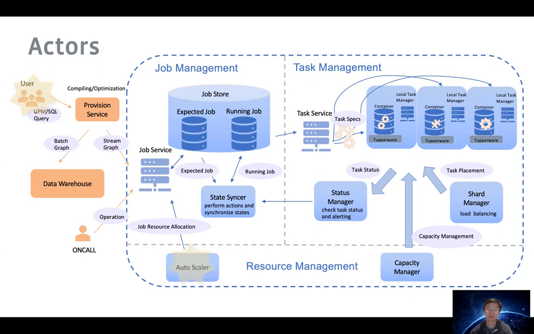Then there's the autoscaler. The scaler automatically decides the task count based on various factors, and we'll look into the details about the autoscaler a bit later. And finally, there are on-calls. In fact, there can be multiple on-calls: user on-call and service on-call. And all those actions can happen at the same time.